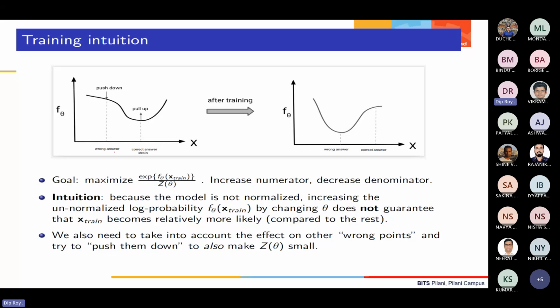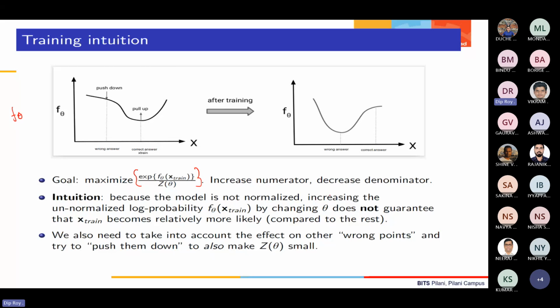Okay. So what happens is, your x-axis is nothing but your data points. Y-axis is basically your f theta. And what is your goal? The goal is to maximize this. We know from maximum likelihood, the goal is to maximize this. And when you want to maximize this, one thing you need to remember is that you have to increase the numerator and decrease the denominator.